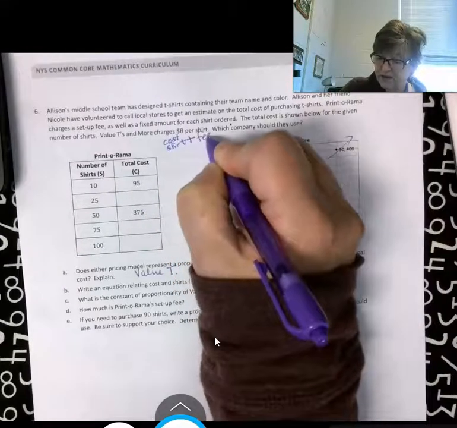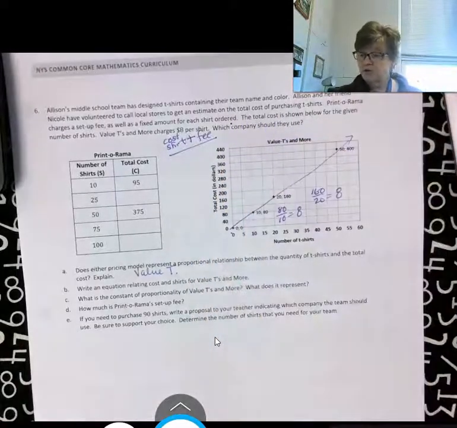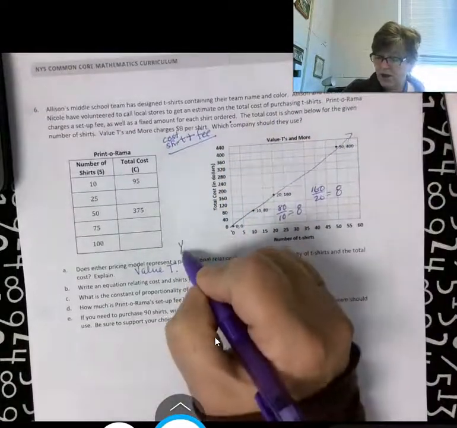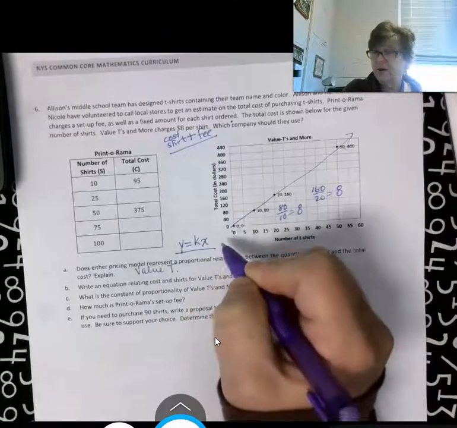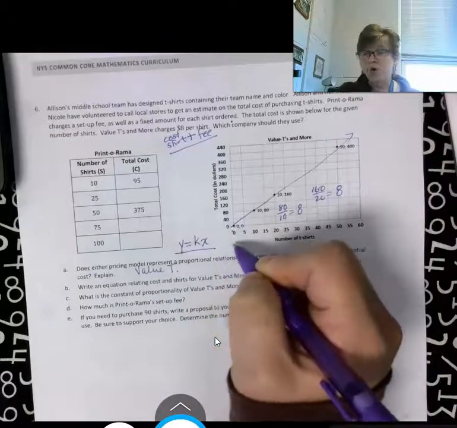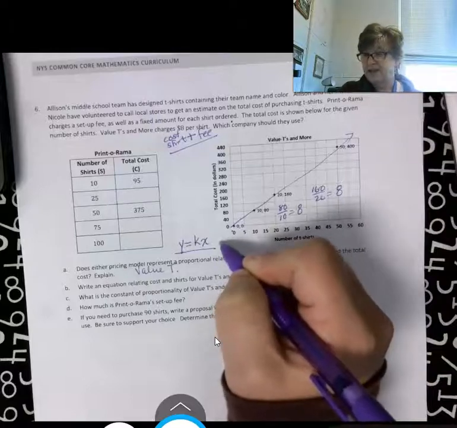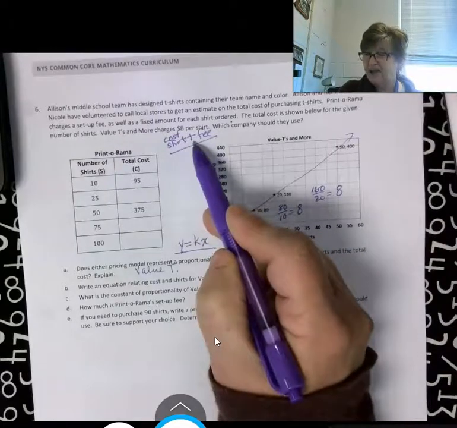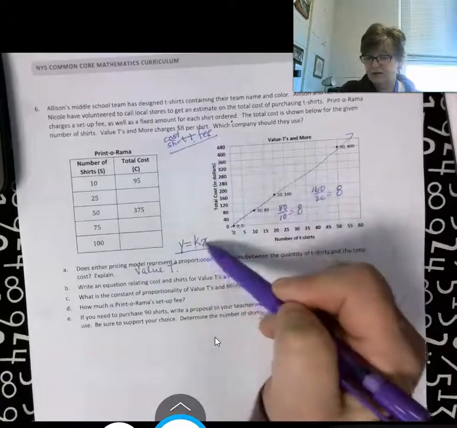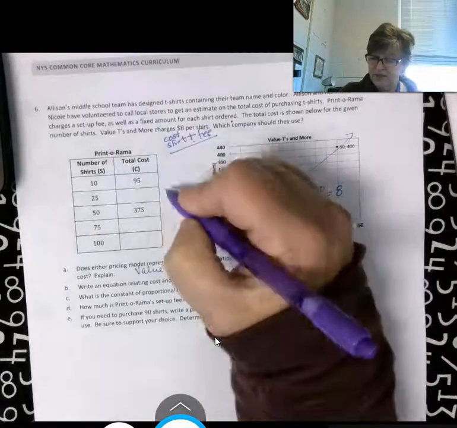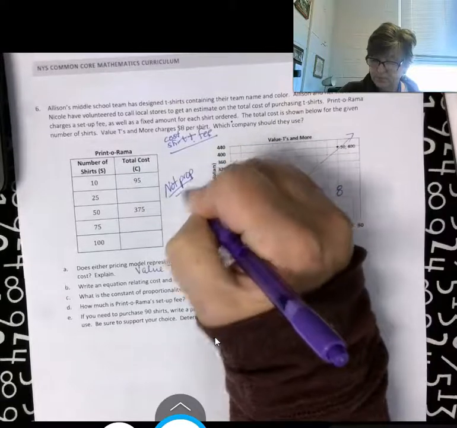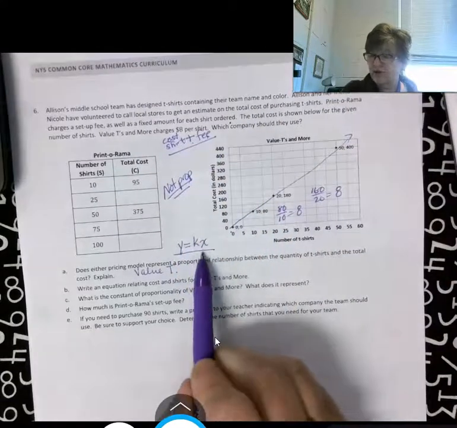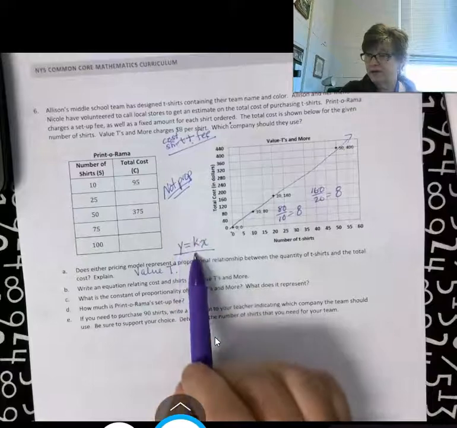plus a fee. And hopefully you are remembering that our equations follow y equals kx. There is no plus or minus added to that, so I cannot add a fee to this. Therefore, this cannot be proportional because it is not going to follow this.